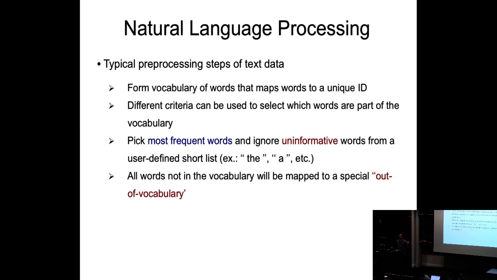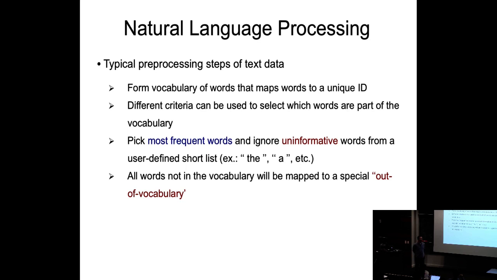There is also a lot of work on how you can deal with out-of-vocabulary words. That's actually a big problem. When you try to do language modeling, you see something that you've never seen before, a new name or the name of a new restaurant. What do you do?